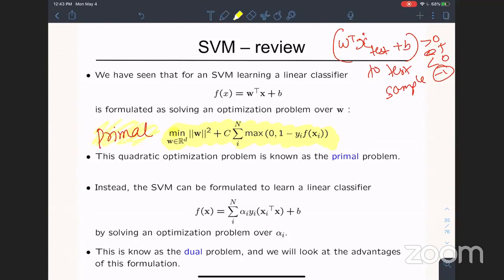These are my 2 parallel lines, which are margins. Then I find a middle line, denoted by W transpose X plus B equal to 0, by maximizing the distance between the margins, that is 2D.